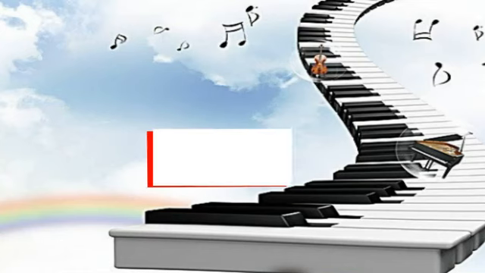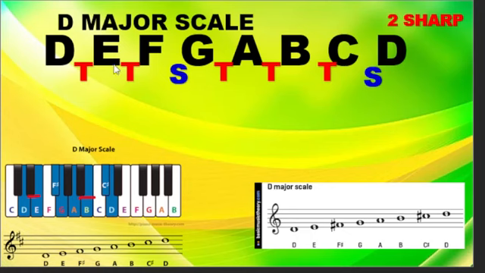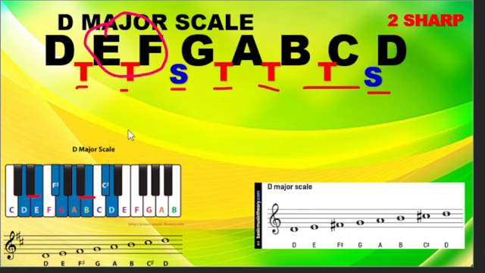The next scale we want to look at is a D major scale. A D major scale is D, E, F, G, A, B, C, D. Now the rule is simple: tone, tone, semitone, tone, tone, tone, semitone. When you look at it in a normal way, EF is the one that has a semitone, but now it has a tone. What do we do?